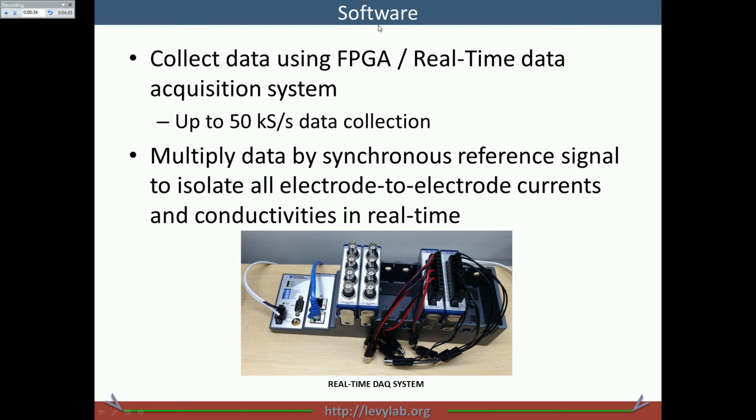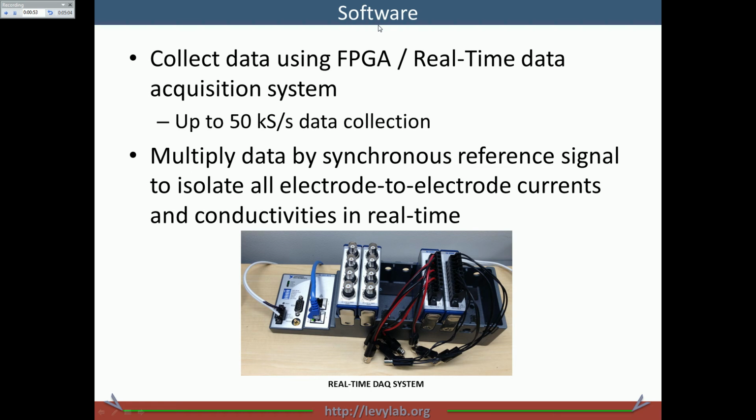And so when we receive this data, we can multiply it by a synchronous reference signal to isolate all electrode-to-electrode currents, and thus obtain the conductivities across the sample in real time.